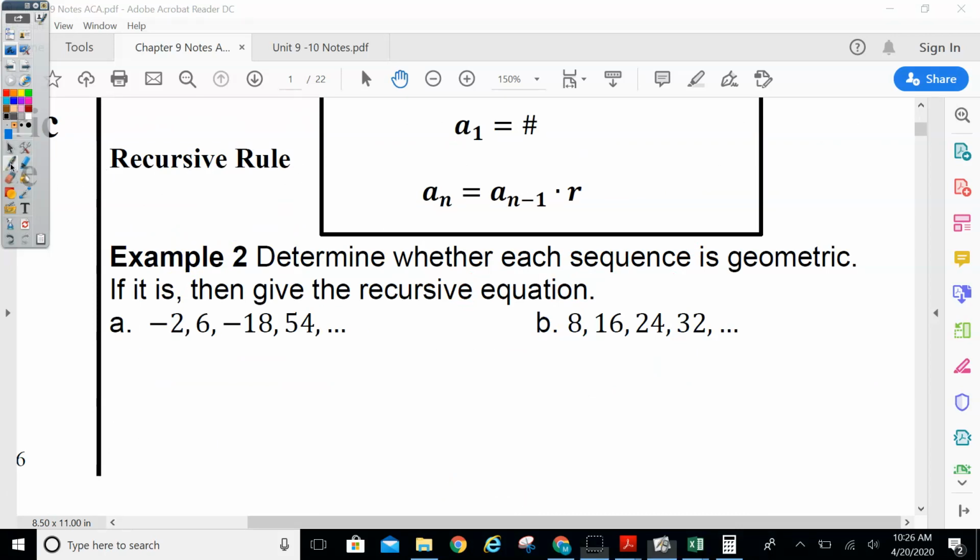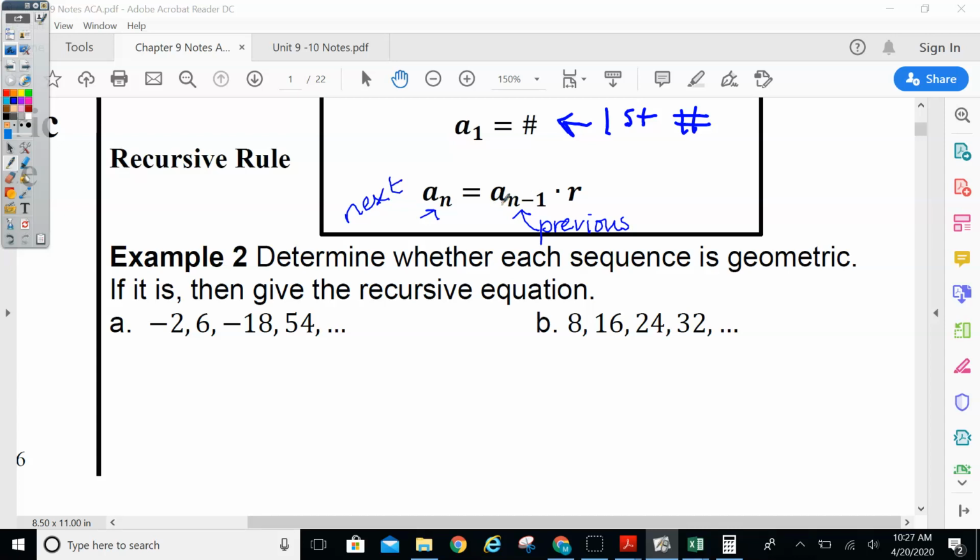So here is the rule for a recursive formula. I have to tell you what the first one is. So I say A1 is the first number. This one's always going to be the first number in the sequence. And then I tell you how to get all the other numbers. So AN is the next number in the sequence, and you get the next number by taking the previous one.